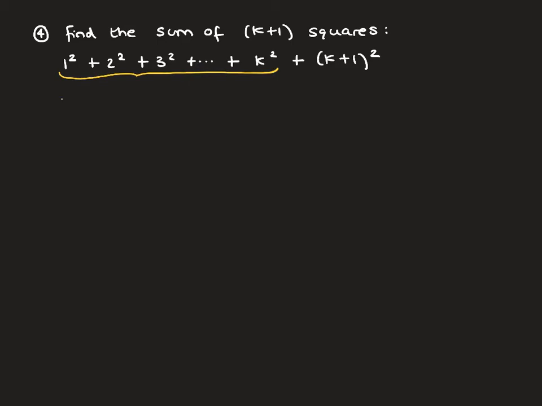We assumed that this was given by k over 6, k plus 1, 2k plus 1. And we're now adding to that the k plus 1 squared value. So in yellow, remember, that's the assumption we made about the sum of the first k squares.